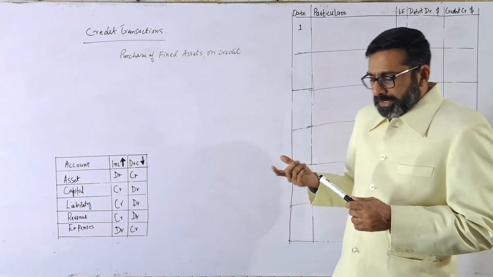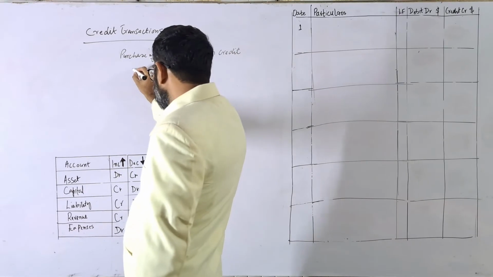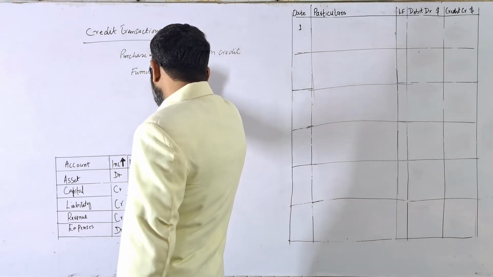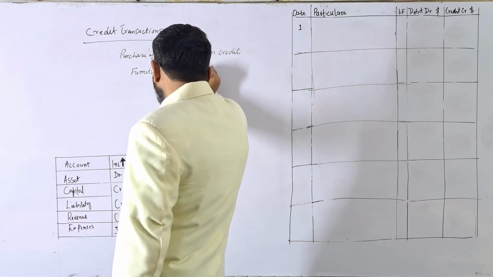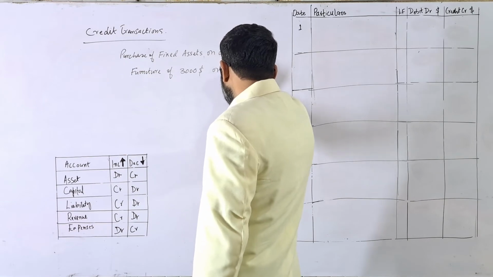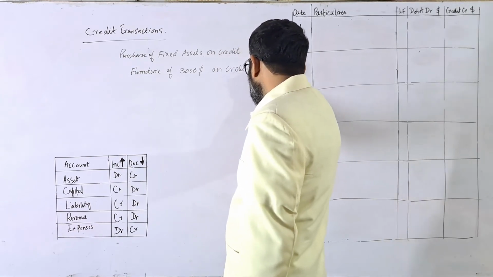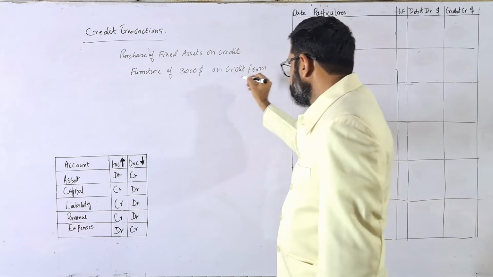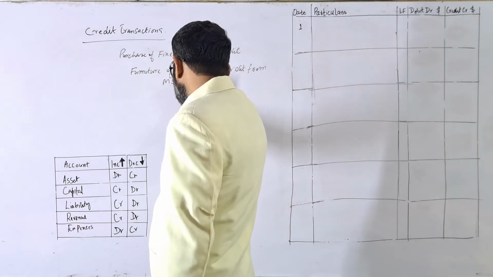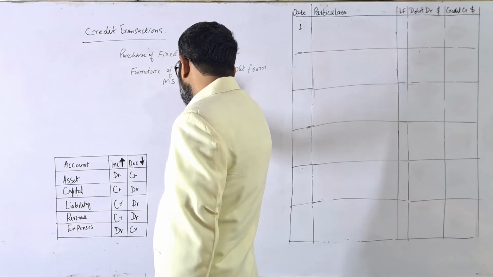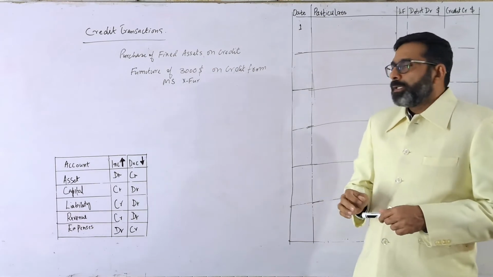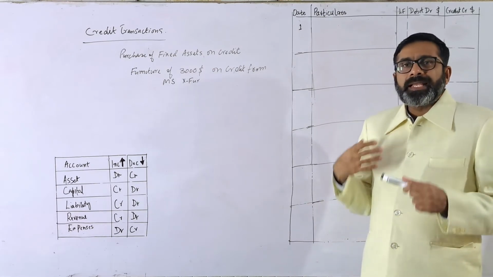Okay, so let's say the company is purchasing furniture of $3,000 on credit. So you're purchasing furniture, that is a fixed asset, and you're not paying the cash immediately.